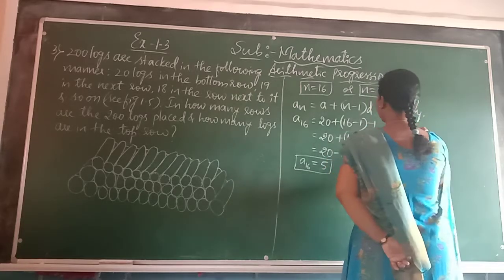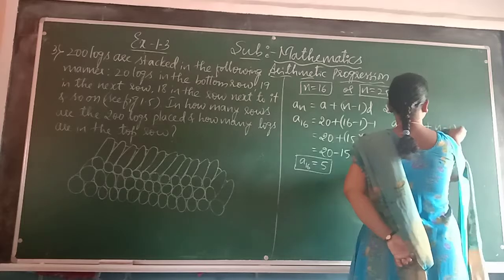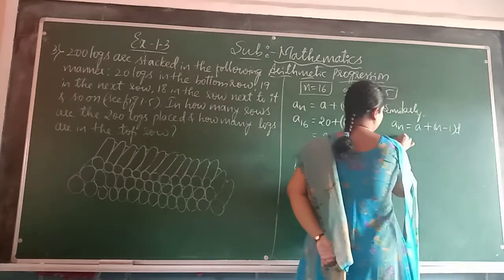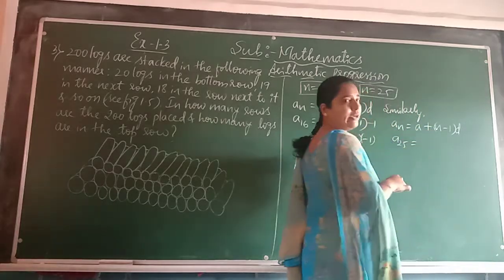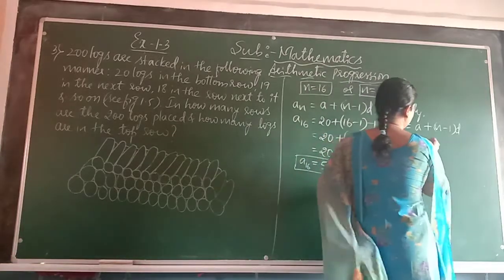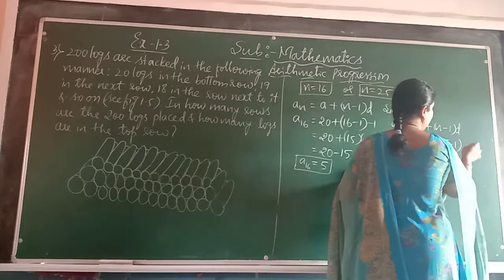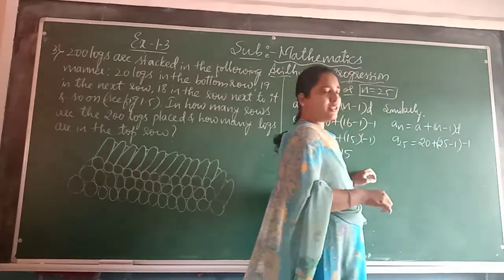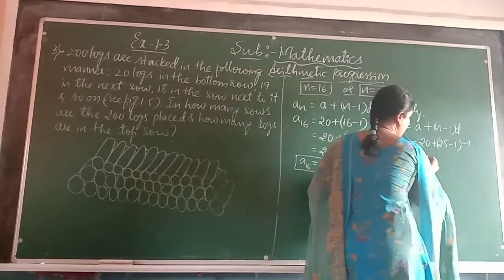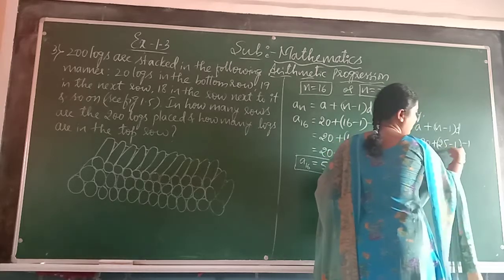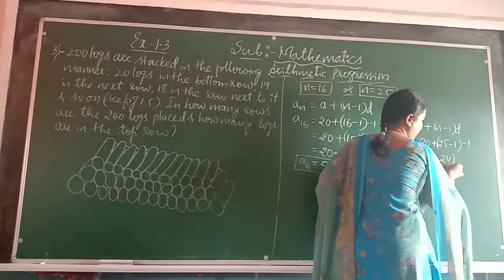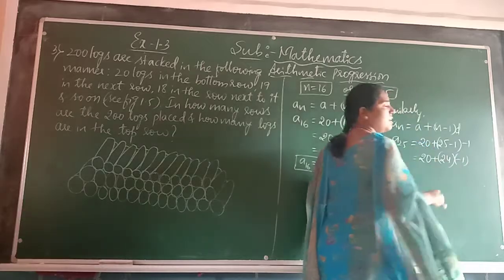Similarly, an is equal to a plus n minus 1 into d. That is a25 equal to a value will be 20 plus n value is 25 minus 1 and d value will be minus 1. Now this is equal to 20 plus 25 minus 1 is 24 into minus 1.